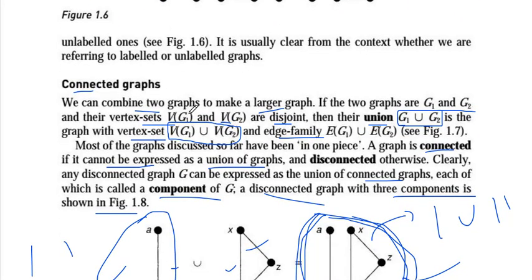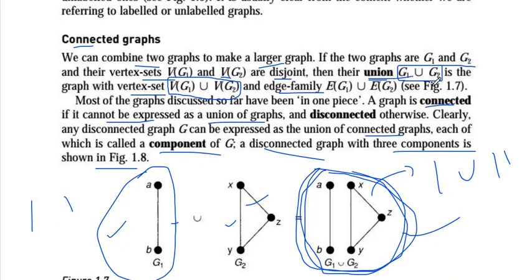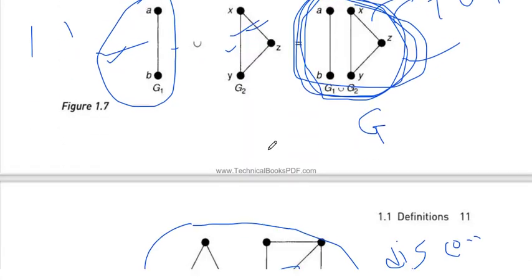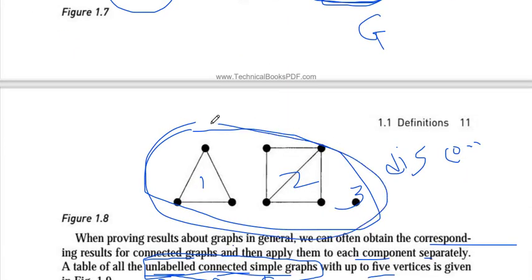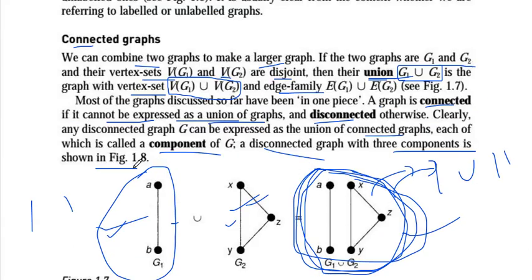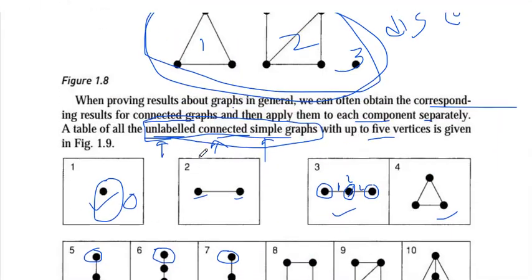Then connected graph, and how to calculate union, connected and disconnected. These two are connected graphs, and these two are disconnected graphs. A connected graph cannot be expressed as a union of 2 or 3 graphs. This is called a disconnected graph, here with 3 components. So we studied connected, disconnected and component of graph.